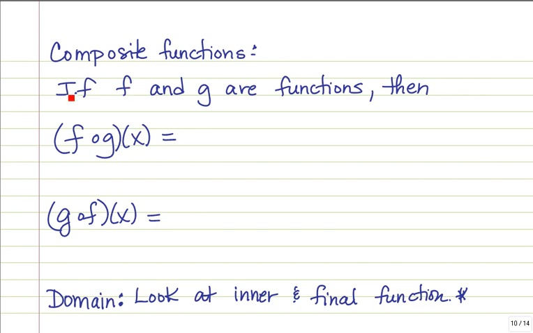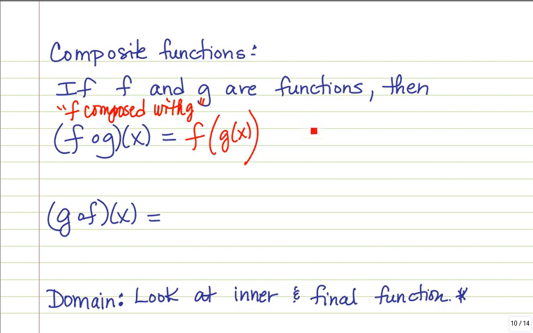So here we can make a definition. If f and g are functions, and the way we write composite is this little circle, then f composed with g is f of g of x.